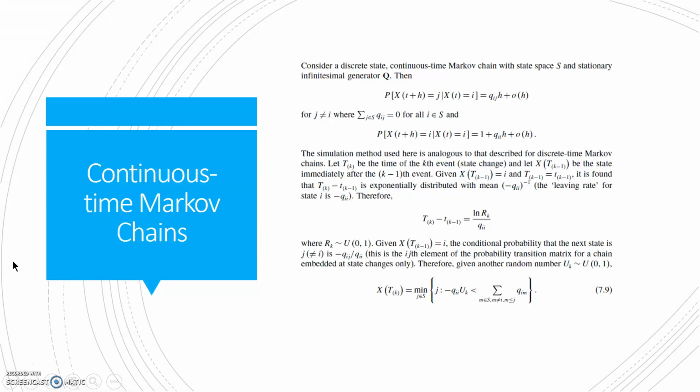On the other hand, we have the continuous time Markov chain, and that considers a discrete state with the same state space and a stationary infinitesimal generator Q. So what that equation looks like is that P of x of t plus h equals j given x of t equals i, and that will be equal to q sub ij h plus o of h, where j is not equal to i, and q sub ij is greater than or equal to 0 for all i in that state space.